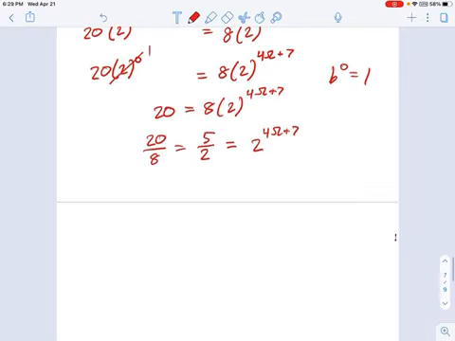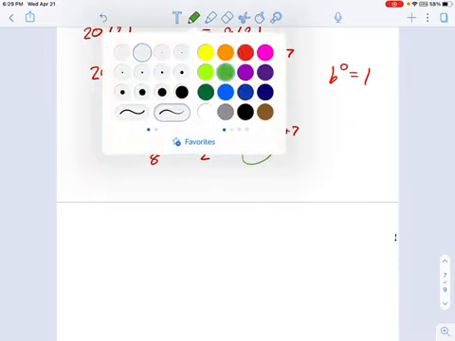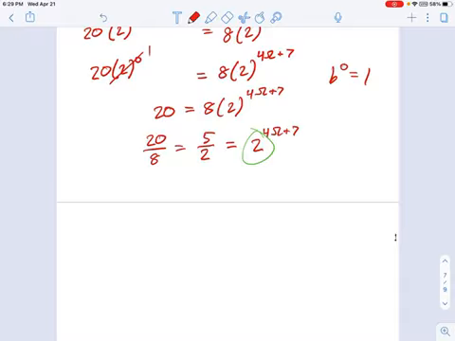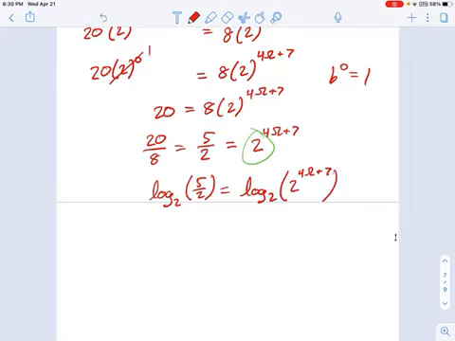Now, I have finally isolated the exponential. Now we're ready to apply a logarithm to both sides. And because the base of this exponential is the number 2, I'm going to choose a logarithm of base 2. So I'm going to say log base 2 of 5 halves equals log base 2 of this thing on the right, 2 to the power of 4 omega plus 7.